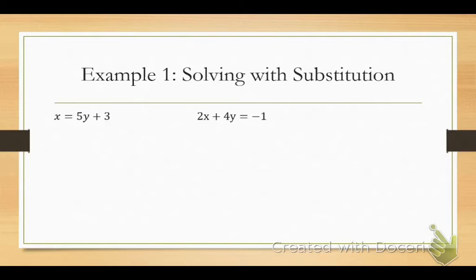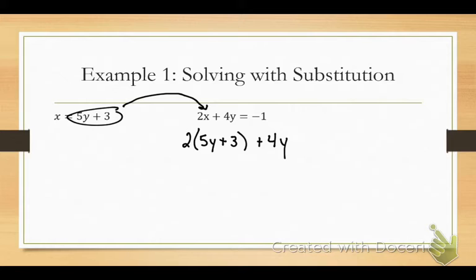We're going to take 5y plus 3 and plug it in for X. So we have 2 times 5y plus 3 plus 4y. Does everybody understand where my X went? Because I did have an X in the original, but now I have the 5y plus 3.